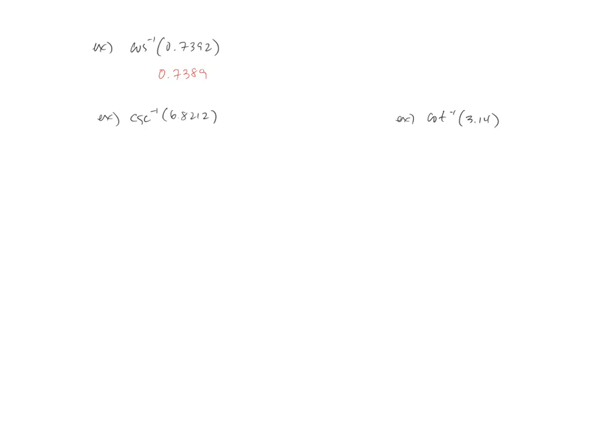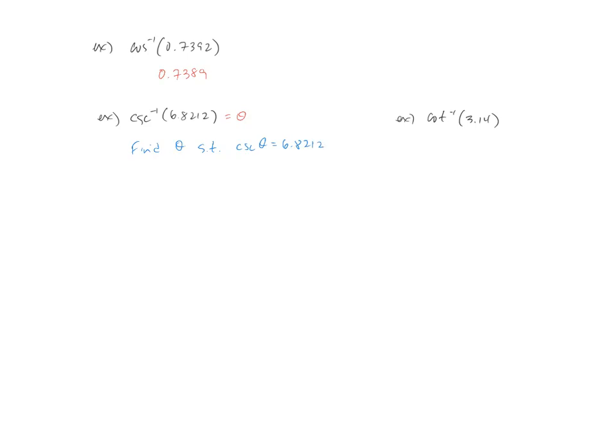Now, for the other two examples, the inverse cosecant and inverse cotangent, you do not have buttons on your calculator. But that's okay, because we can approach these the same way we did the last few examples. If I understand that I'm looking for an angle, I can find the theta such that cosecant of theta equals 6.8212.